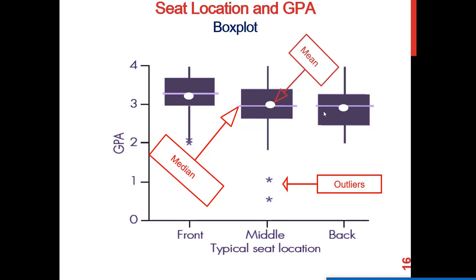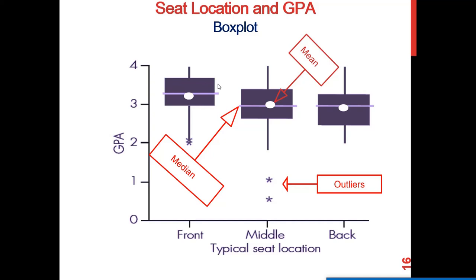Another important thing that we can decipher from a box plot is the symmetry of the data. We saw symmetry and skewness earlier in the histogram. If the data set is symmetric, then this purple line, the median, is roughly at the middle of this box. Whereas if this line is towards one side, maybe towards the bottom or towards the top, then we say that the data is skewed.